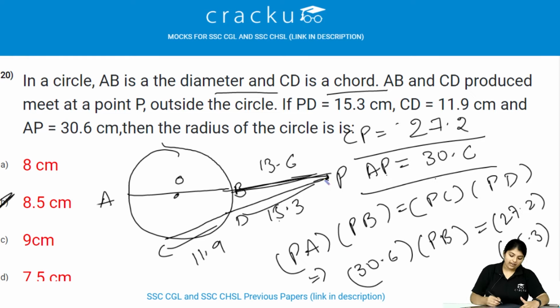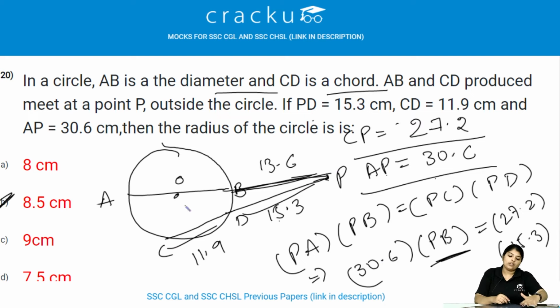So, we know the values PD, CD and AP. From the property, PA into PB is equal to PC into PD. When we substitute all these values, we get the value PB.